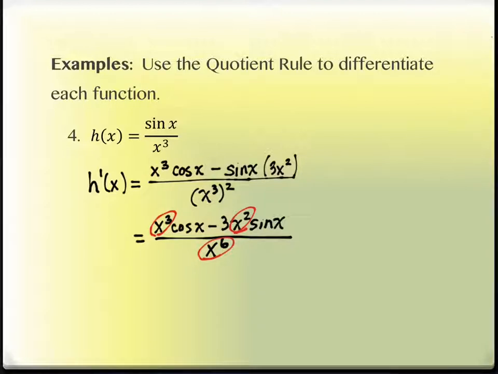So x squared will cancel out. So x cubed will become x cosine x. The 3x squared will become 3, and then sine x. And then the x to the 6th will become x to the 4th. That's H prime of x.